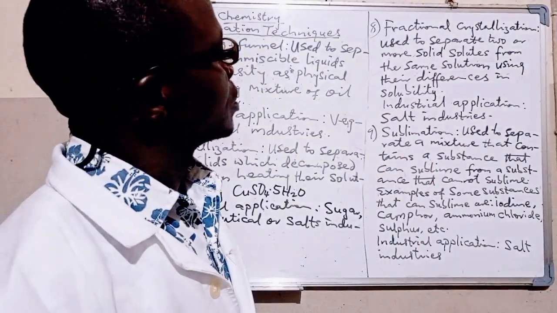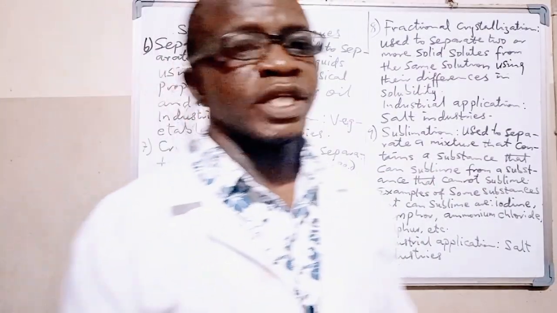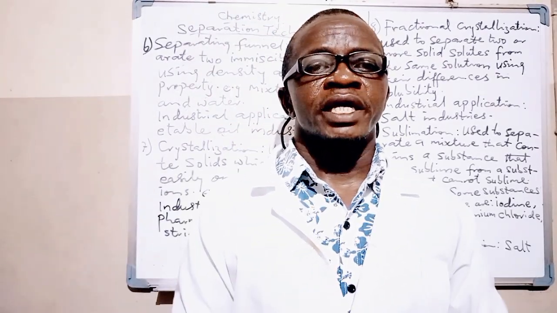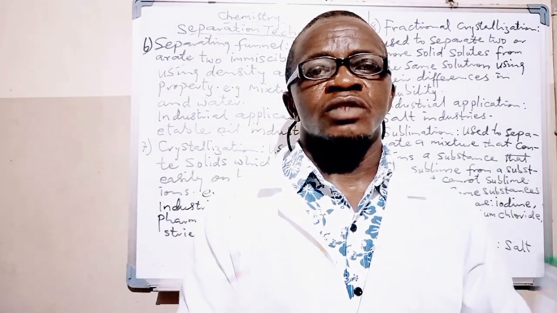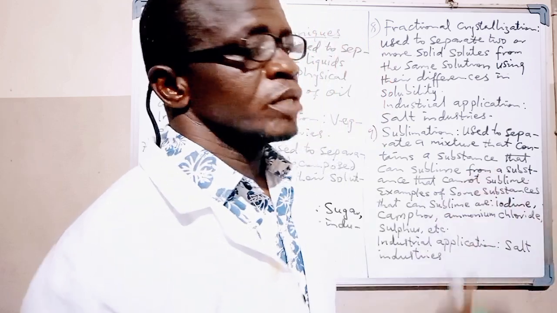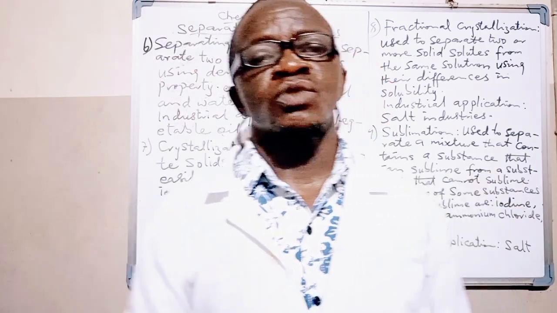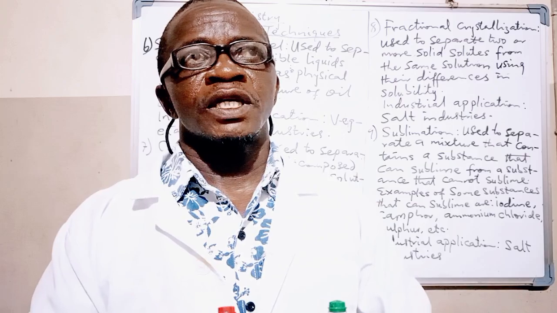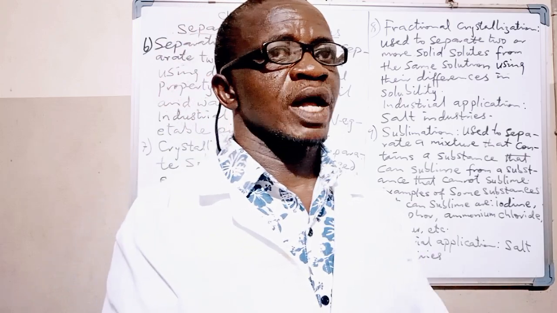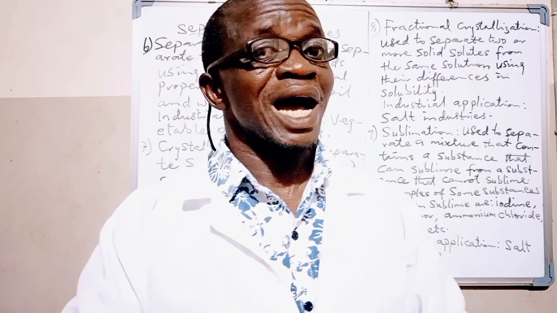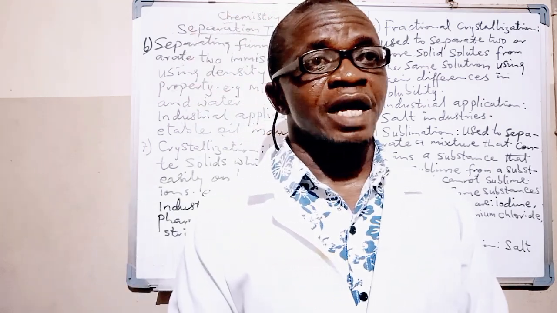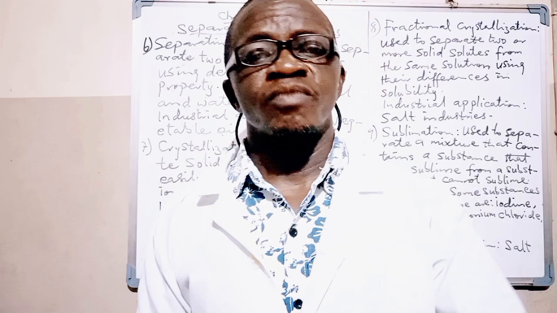Now let's go to sublimation. Sublimation is a word that we have mentioned in one of our previous lessons. Sublimation is a way of changing a solid substance to gas, or gas to solid, without passing through the liquid state. For example, we all know camphor.